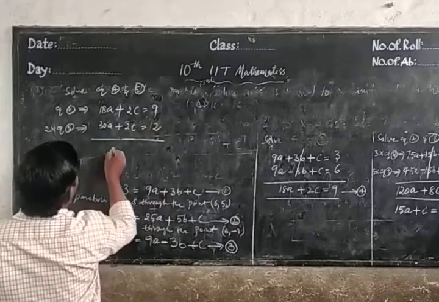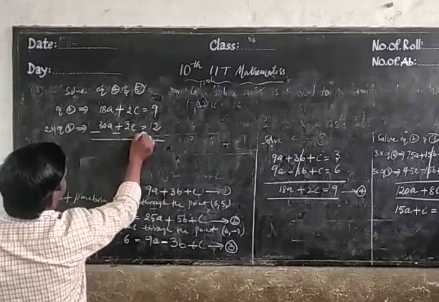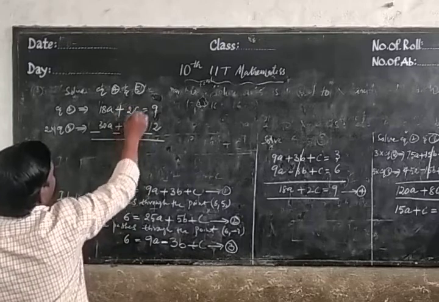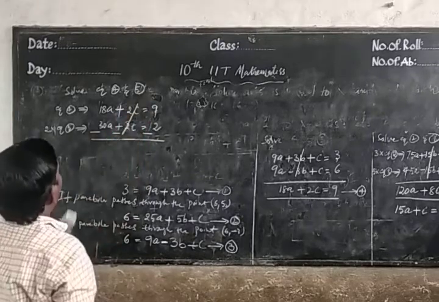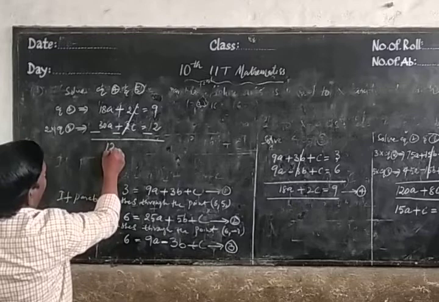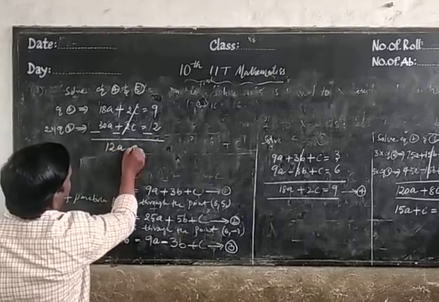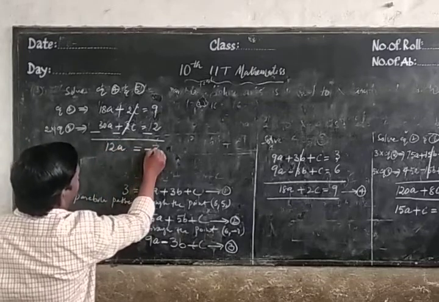Now what we have to do? Subtraction. Plus 2c minus 2c, both are cancelled. Minus 12a equal to minus 3.